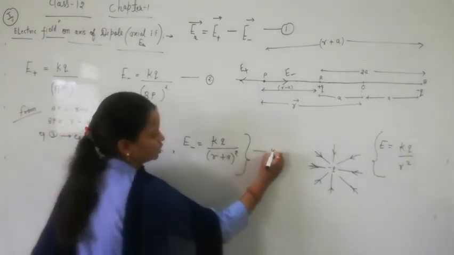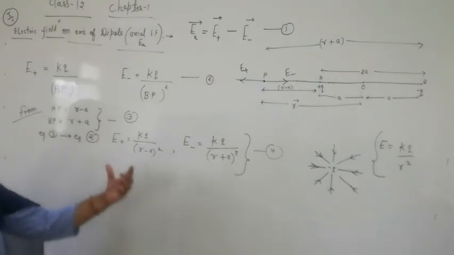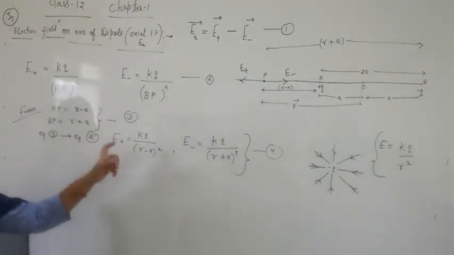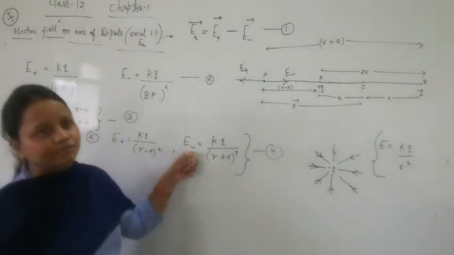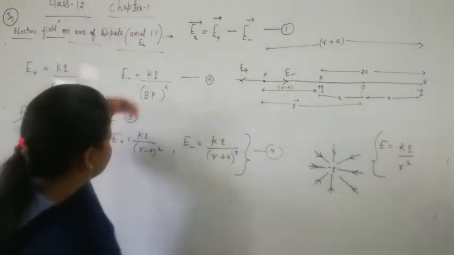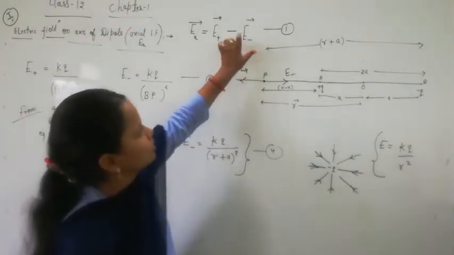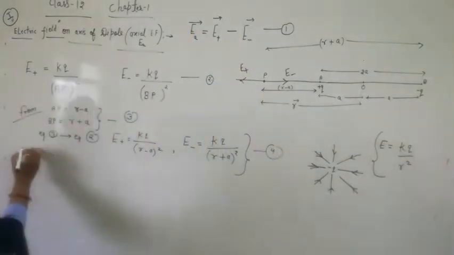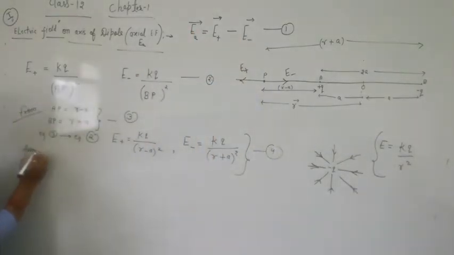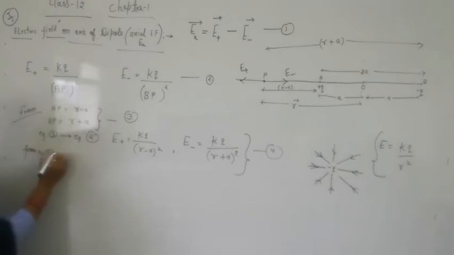Consider it equation number 4. So our last step is putting the E plus and E minus values from equation 4 into equation number 1.